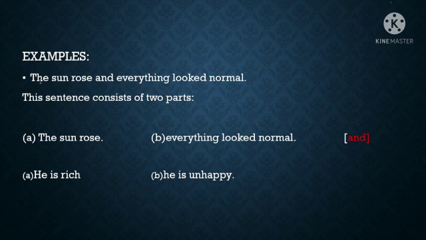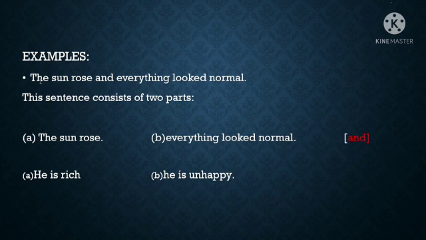See the next example. He is rich, he is unhappy. So here I have given two separate sentences, two simple sentences. Now if you want to make it into a compound sentence, what should you do? You have to just add a coordinating conjunction, right?